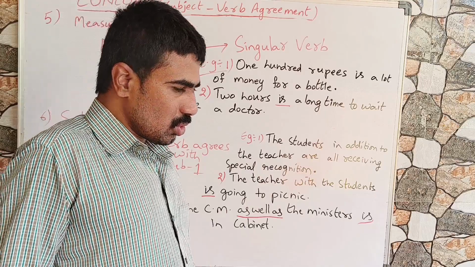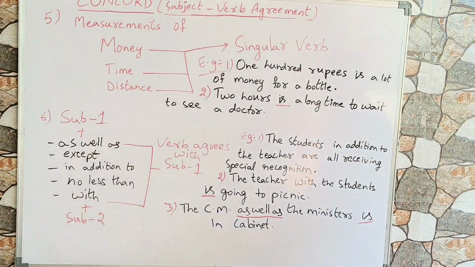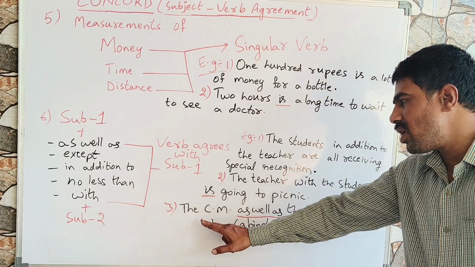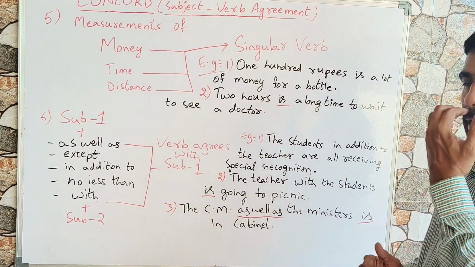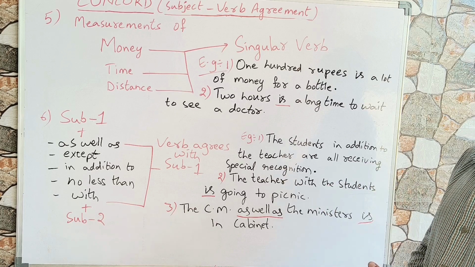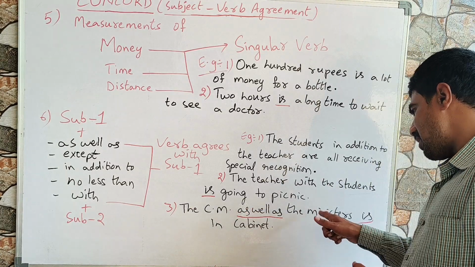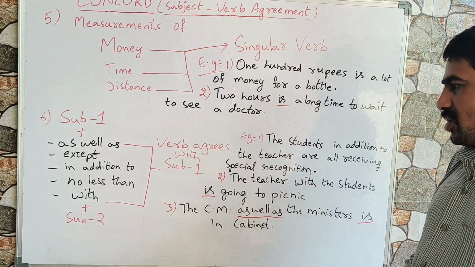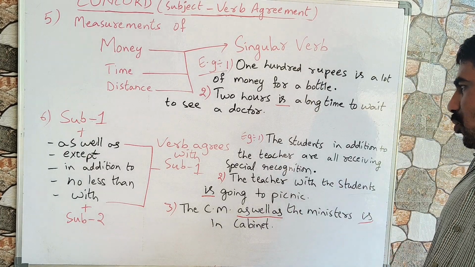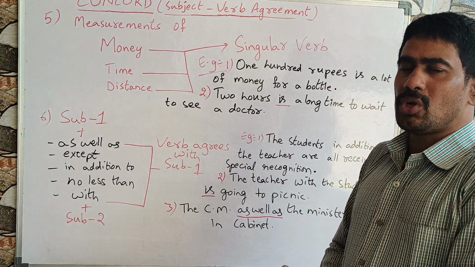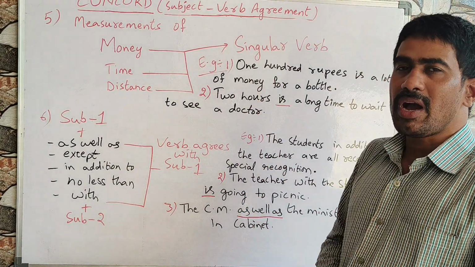The CM as well as the ministers. Here, whomsoever is the head, we generally give more priority or preference to that person. The CM as well as the ministers is in cabinet. This is one more example. So friends, these are some of the rules of subject verb agreement.